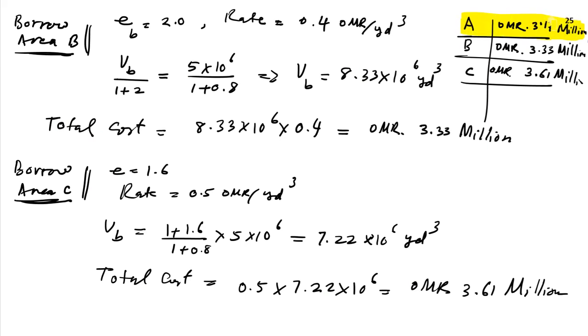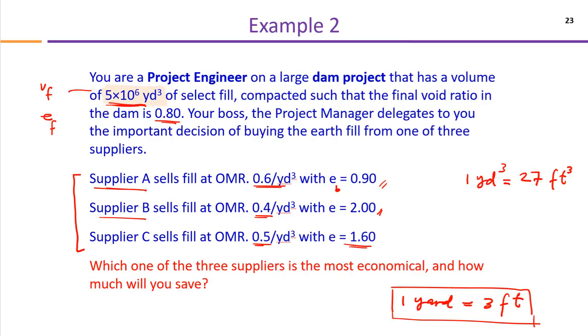If you pick this site A, the cost of fill is going to be 3.17 million. This is the cost on the material. However, A had the maximum unit rate. If you look at only the unit rate, it was maximum. So you never decide based on the unit rate. You are going to decide based on the total cost.